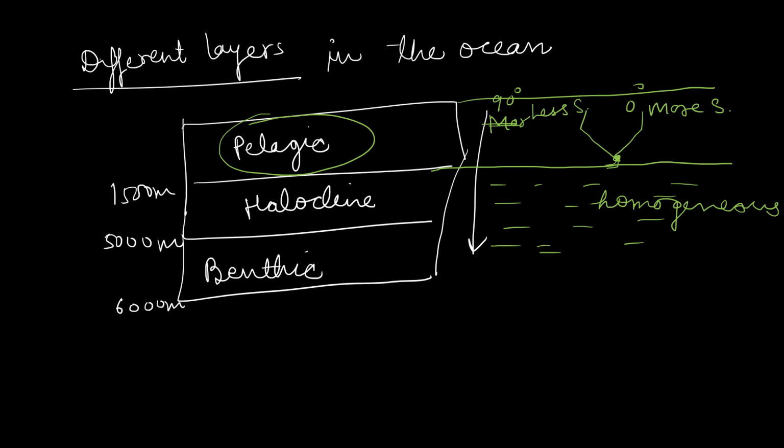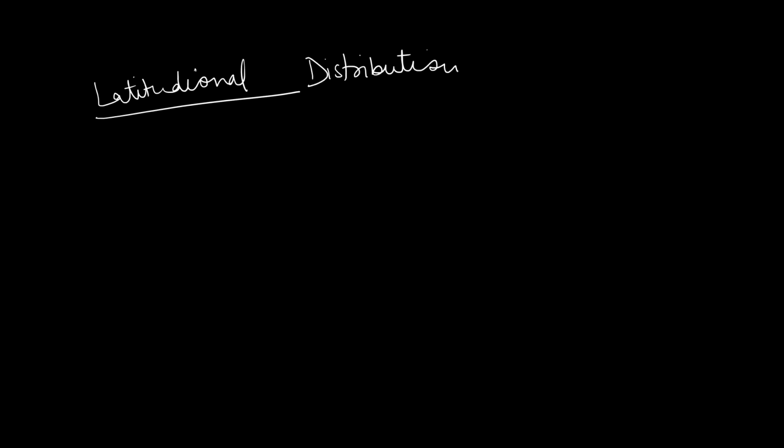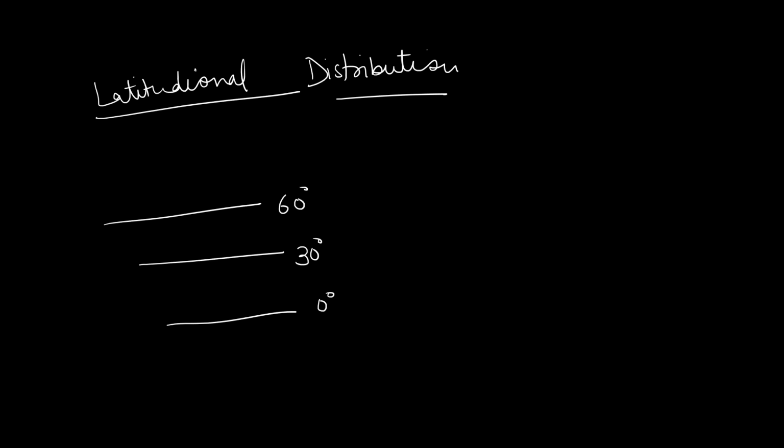Now we are going to look at the latitudinal distribution of salinity. We have 0 degree latitude, 30 degree latitude, 60 degree latitude, and 90 degree latitude.